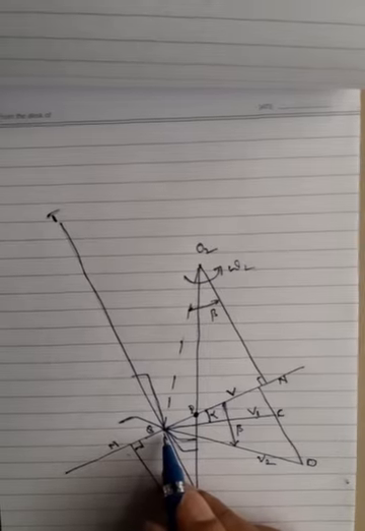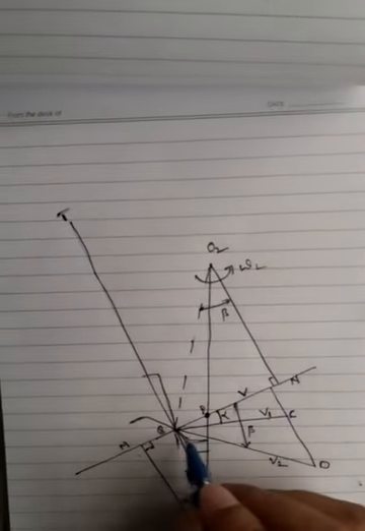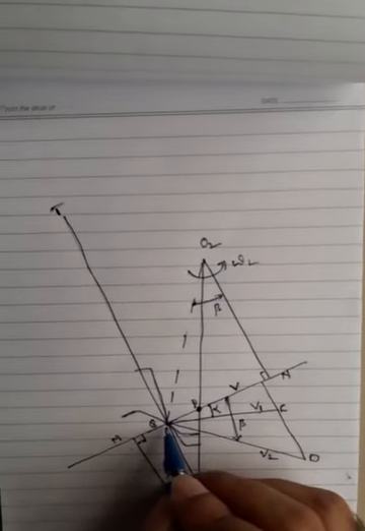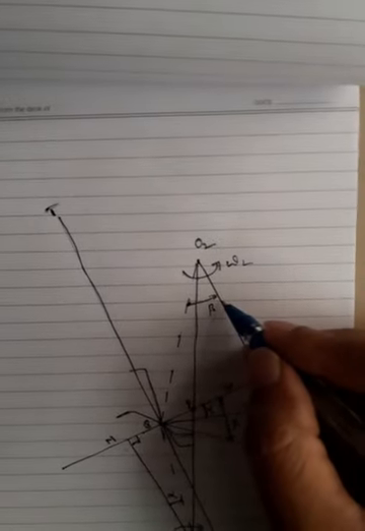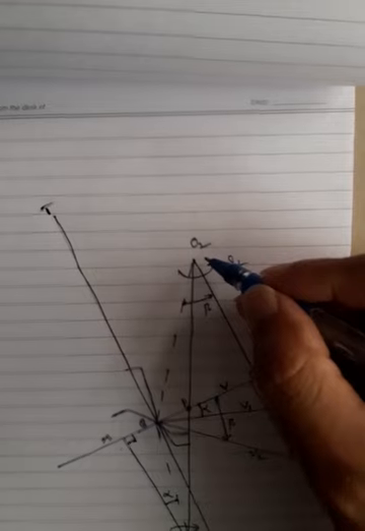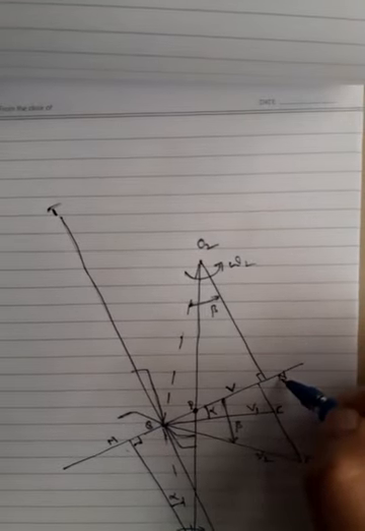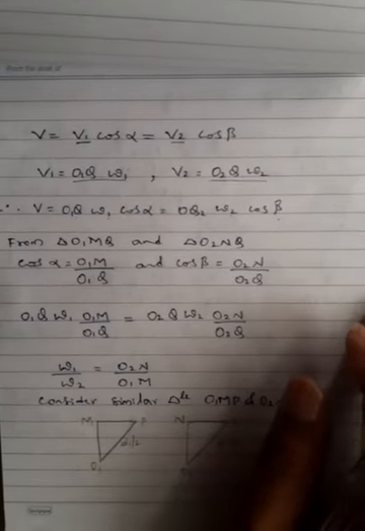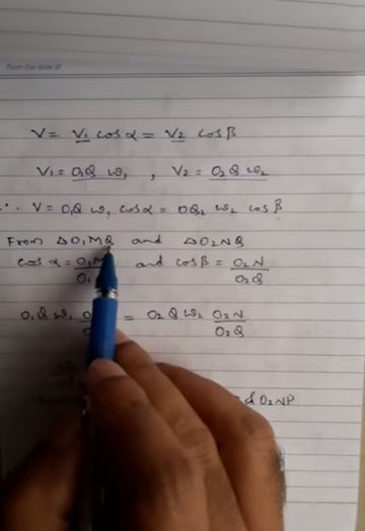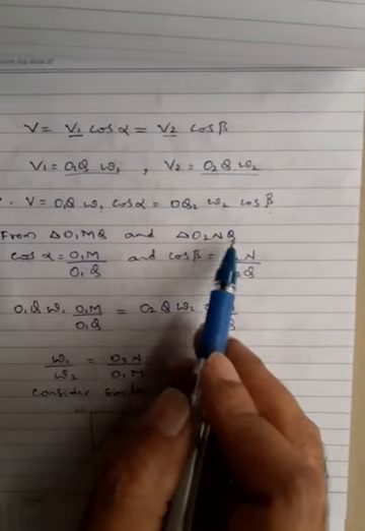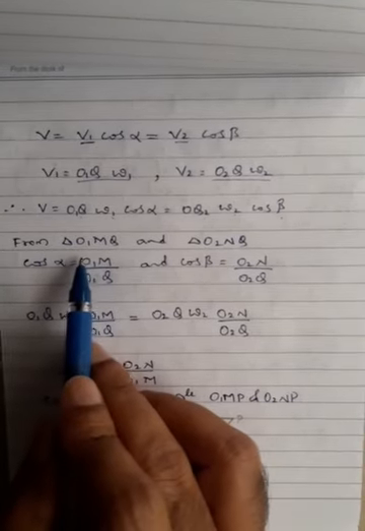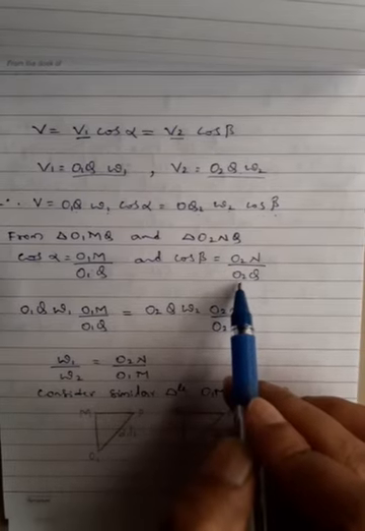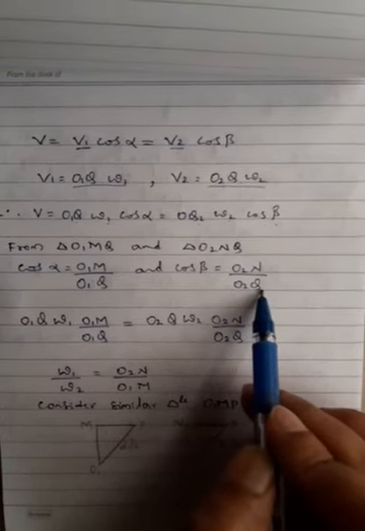From triangle O2NQ, we have cos beta equal to the adjacent side divided by the hypotenuse, that is O2N divided by O2Q.